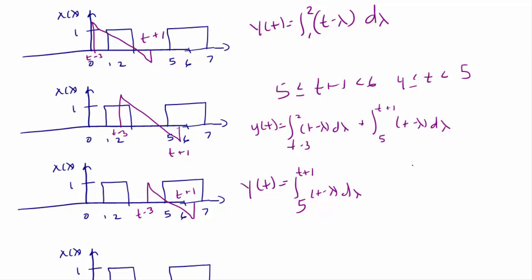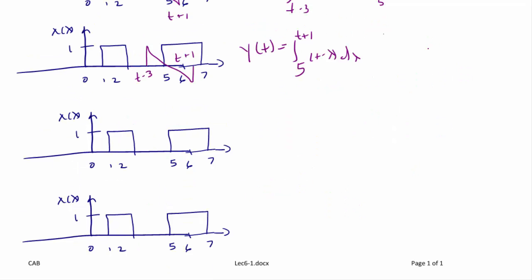And remember, this is the region where t+1 is between 6 and 7, or t is between 5 and 6. Our next region will be where t+1 is between 7 and 9, or t is between 6 and 8.